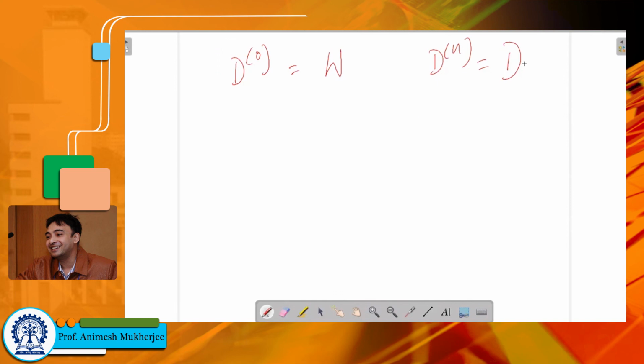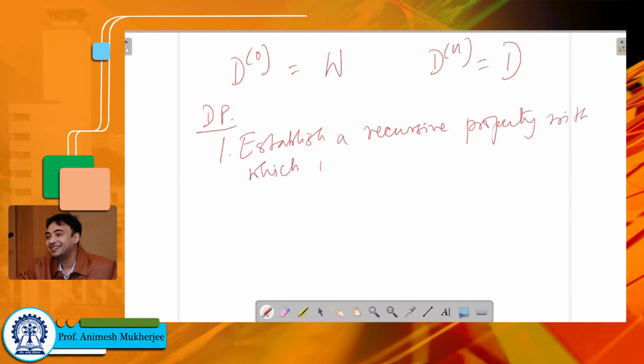Okay. So in this case, the dynamic programming, which I am writing in short as DP, has two important steps. Okay. First, you have to establish a recursive property with which we can compute dk from dk minus 1. Okay.